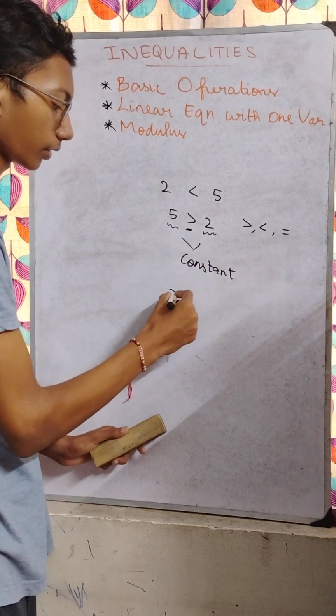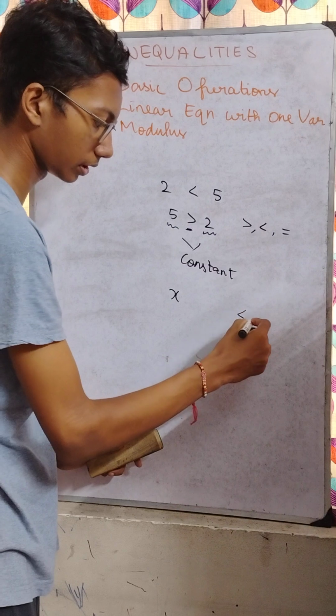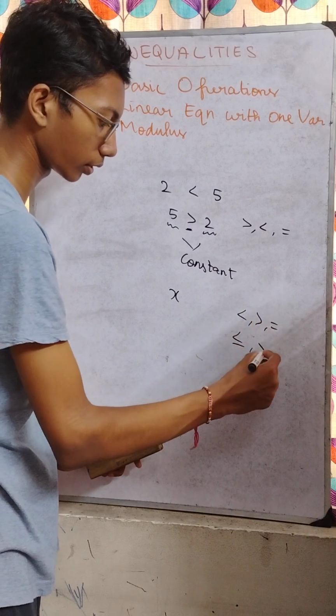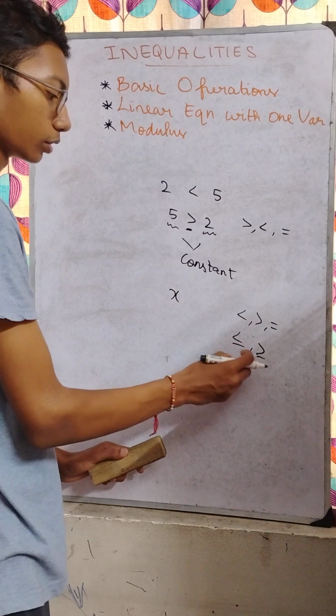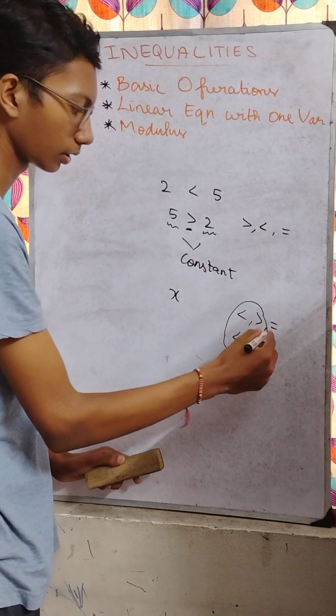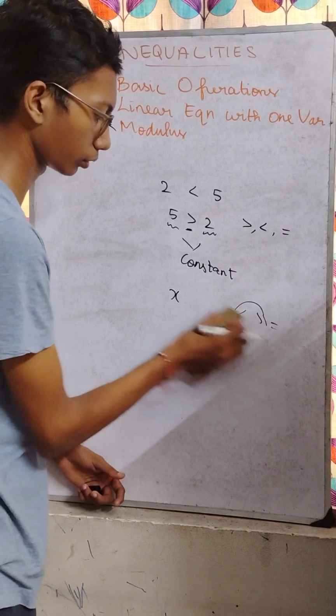But if we have variables, then we can add two more symbols, that is less than or equal to and greater than or equal to. So these four symbols here are called inequalities. This is what we are going to see today.